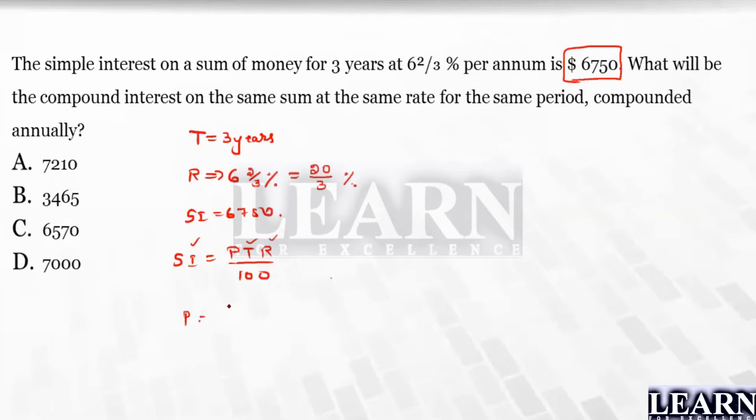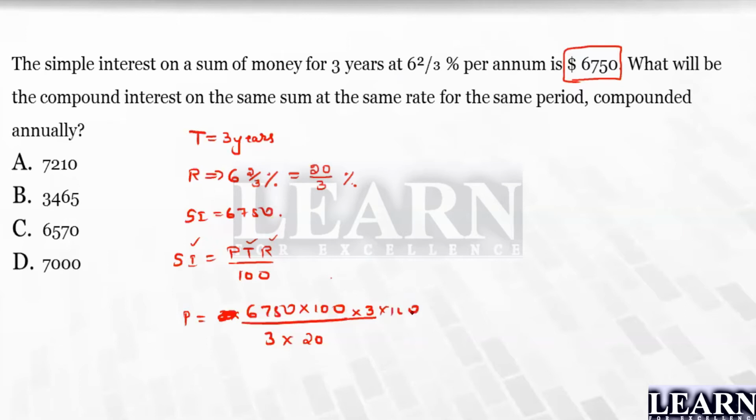So the principal is simple interest, 6,750 into 100, divided by time, which is 3 years, into rate, which is 20 by 3 percentage.